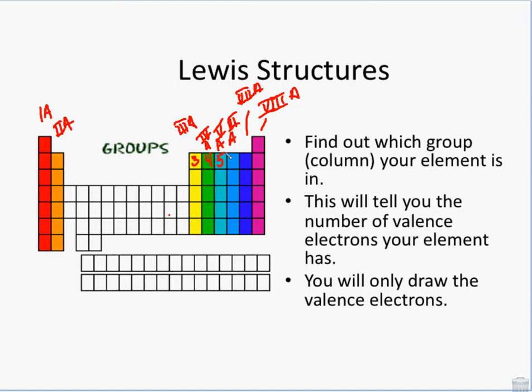Group 5, 5 electrons. Group 6, 6 valence electrons, and so on and so forth. It works out really nice that way. And you can't see my 1 in the red box. There it is right there. So the group number tells us how many valence electrons we have in our element. And those are the only electrons we're concerned with when we're drawing Lewis structures.